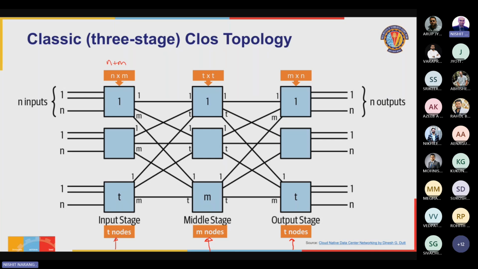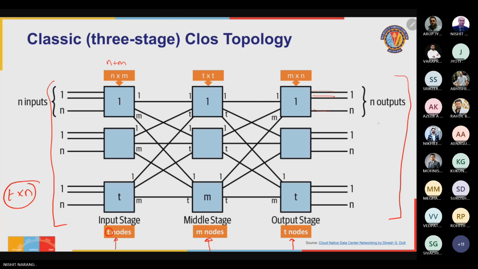Now, if you look at this topology that we've created with a three-stage network, an input stage, a middle stage, and an output stage, how many inputs in total do I have? If I have T nodes, I have T cross N total telephones on the input stage. Correct? Now, if you look at the output, once again, I have T output nodes and there are N outputs coming out of each output stage.